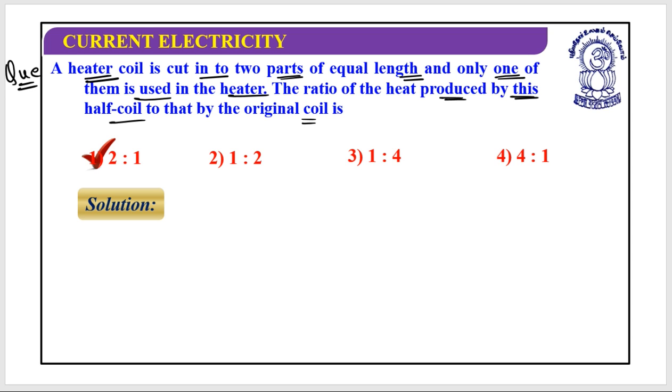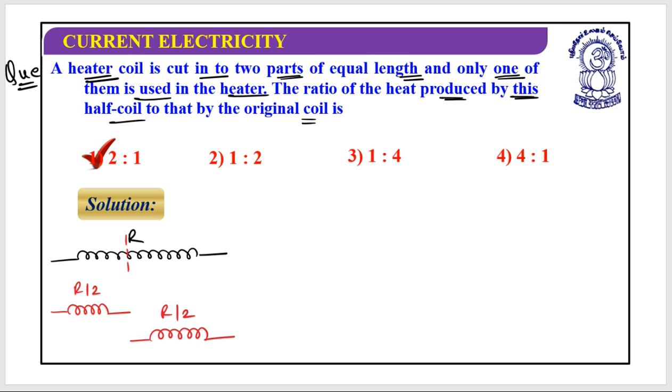Initially, what was the situation? Let's suppose this is the heater coil. I can consider it as a resistance. Now it has been divided into 2 parts, so each part must have a resistance of R by 2, and the other again R by 2.